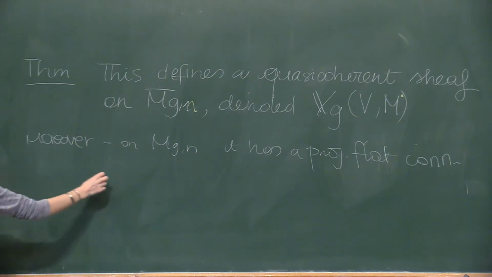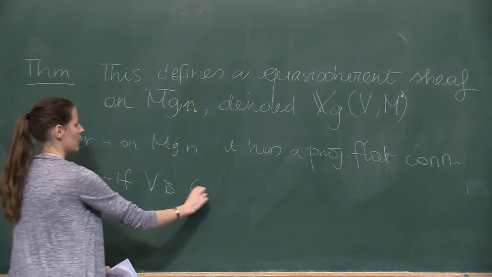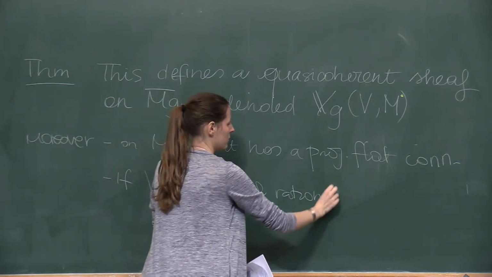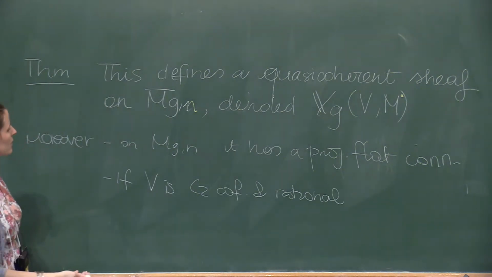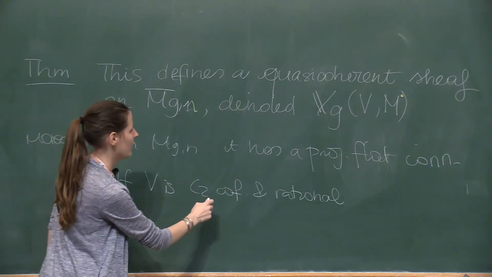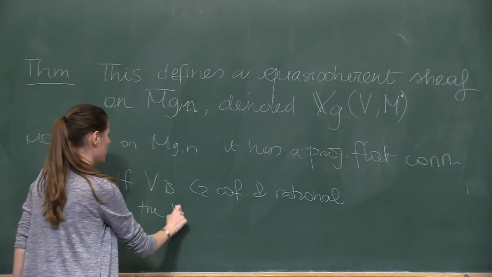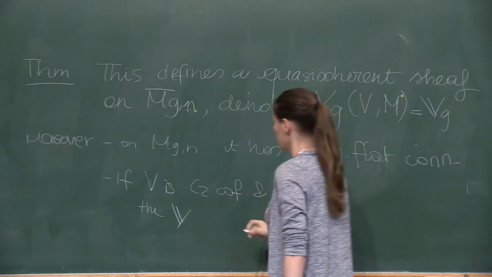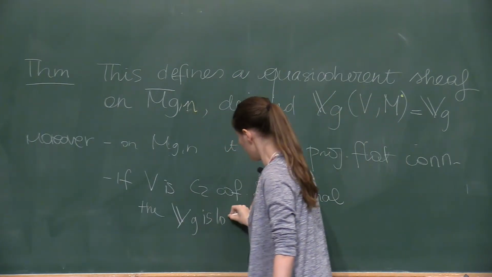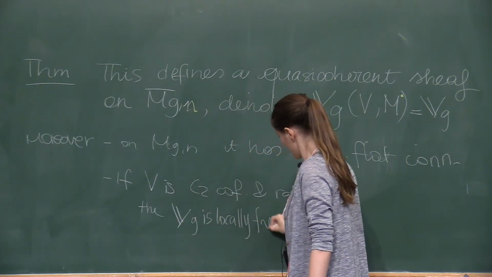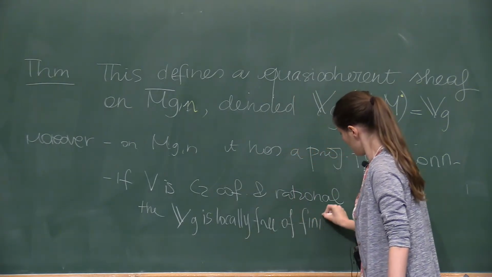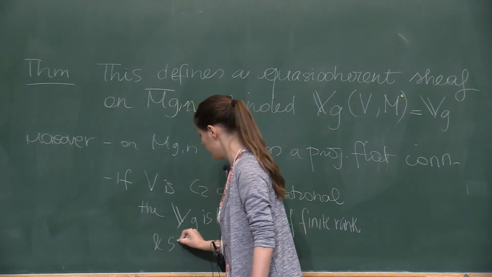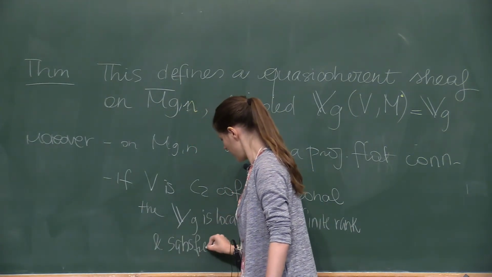And then let's say if V is C_2-cofinite and rational, just some properties, then this sheaf, sometimes I will denote it in this way, is actually a locally free sheaf of finite rank. And we say it satisfies factorization.